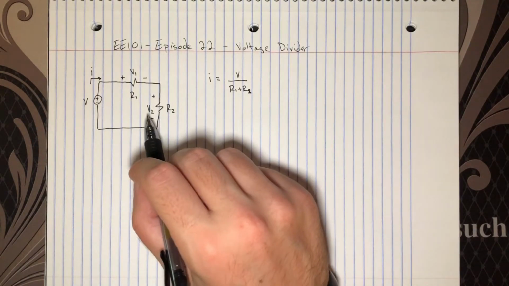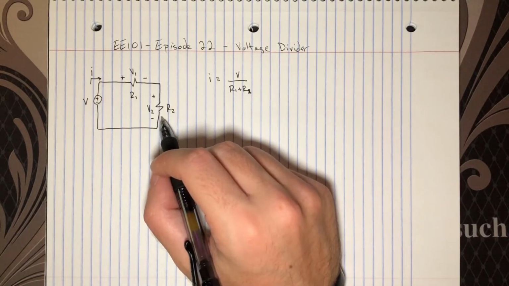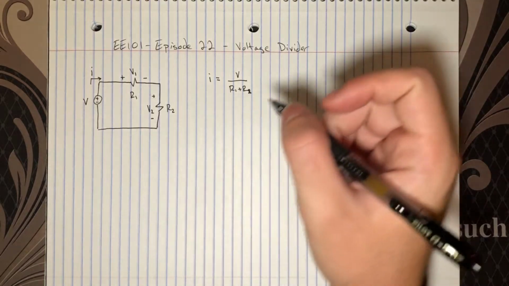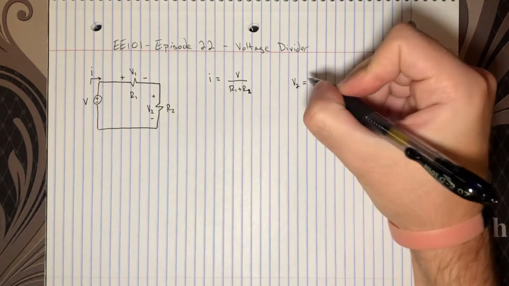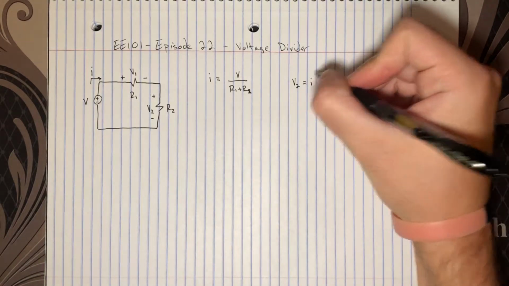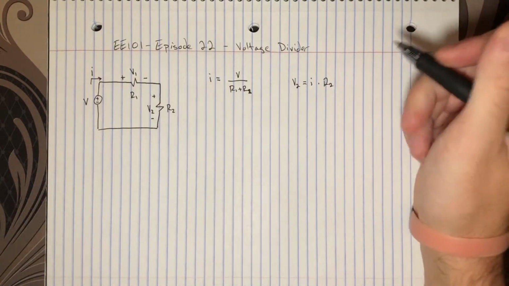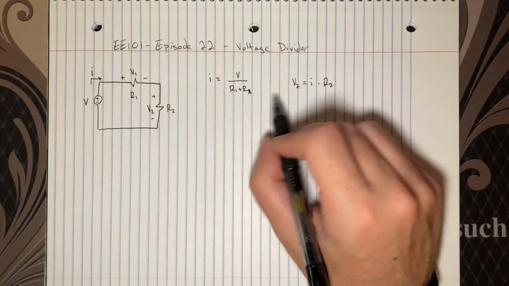But now, also using Ohm's law, it's relatively straightforward to see what V2 will be. Ohm's law tells us that V2 equals I, the current flowing through that resistance, times R2. But we have an expression for this current already.